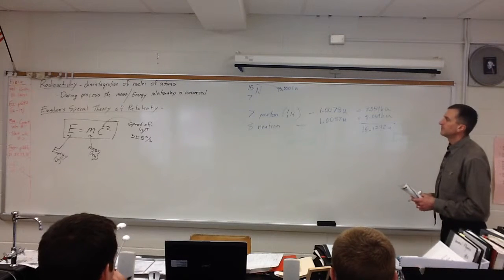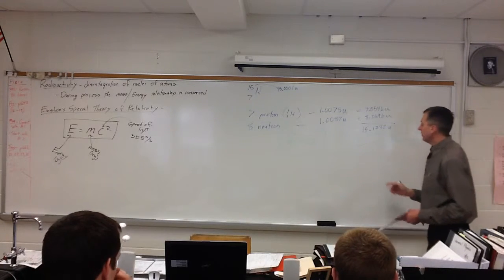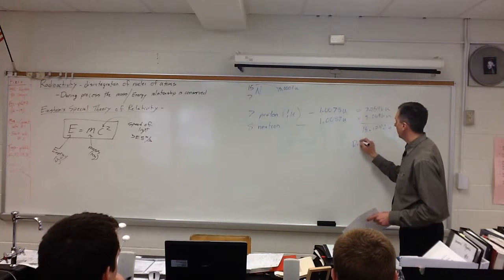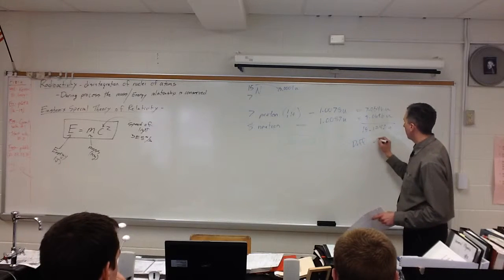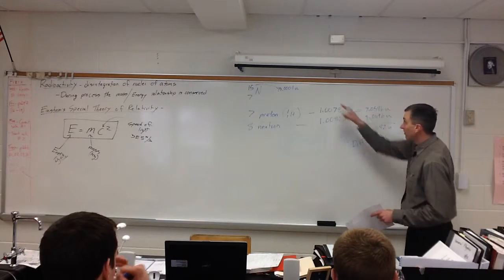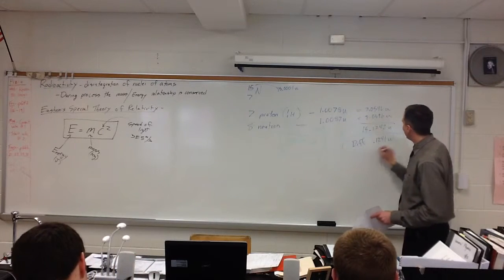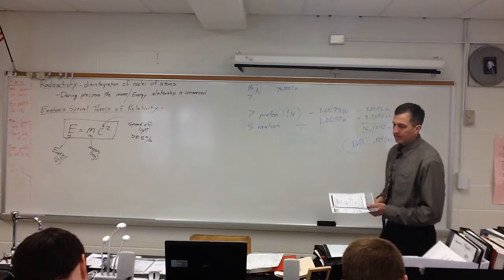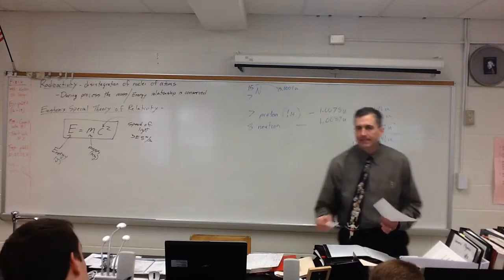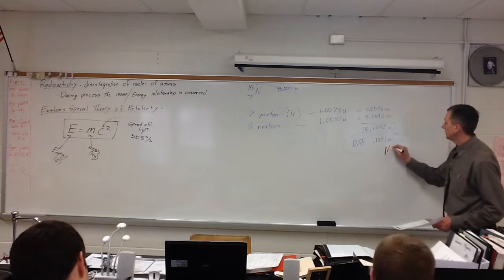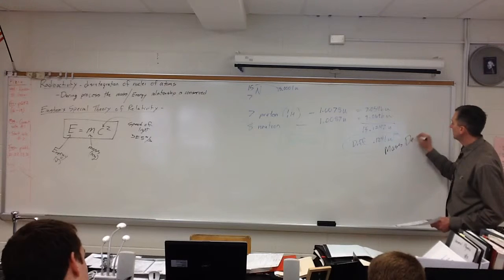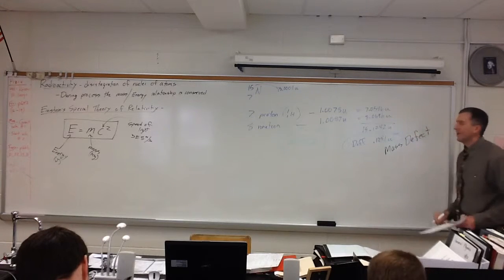What's going on here? Well, the difference, which you can see is about 0.1241, if you take the difference in the ends there, atomic mass units. This difference is called the mass defect.